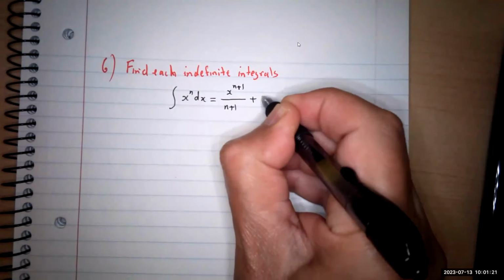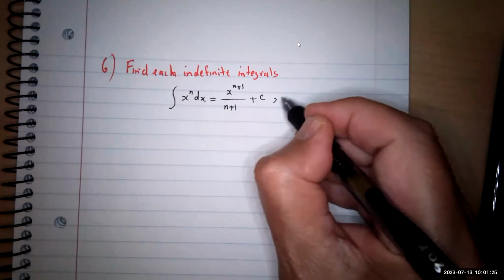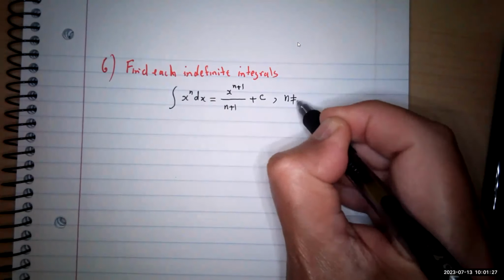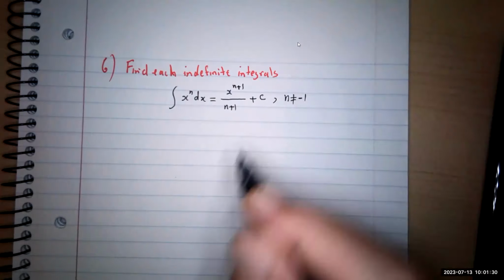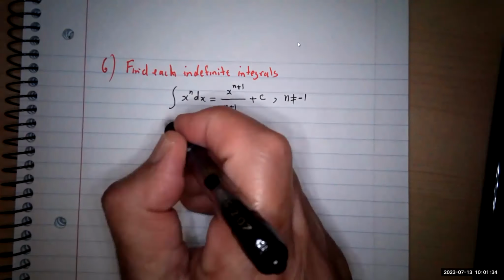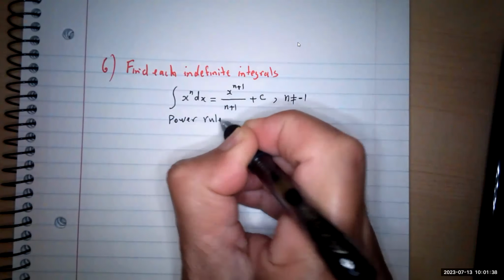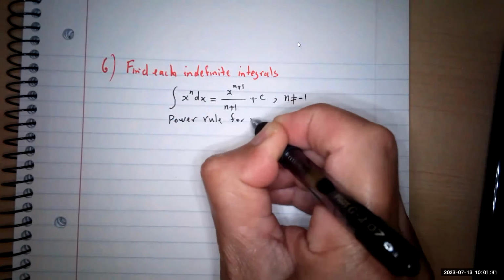And we add the constant c because the derivative of c is 0. This can be done all the time except when n is -1. We are going to talk about the -1 later on. So this is the power rule for integration.